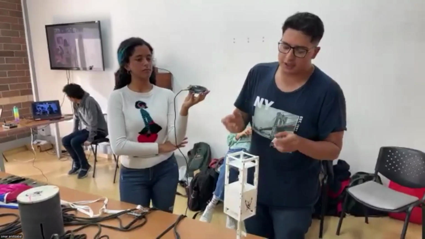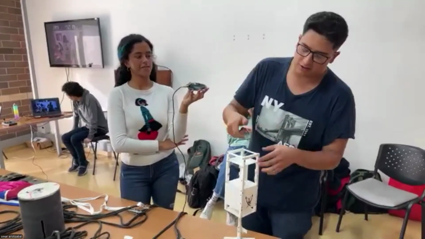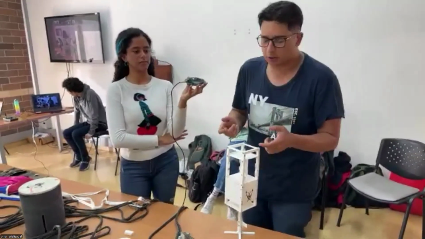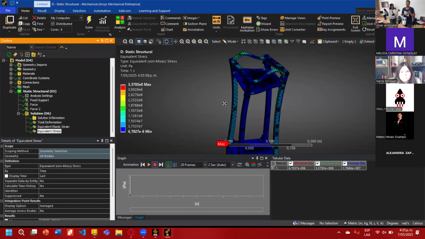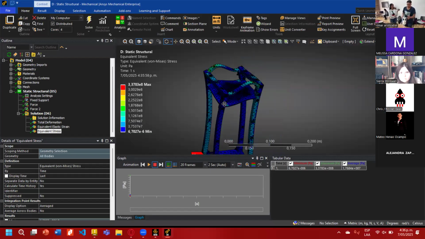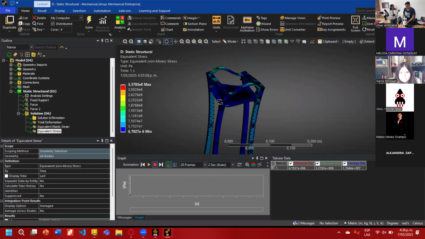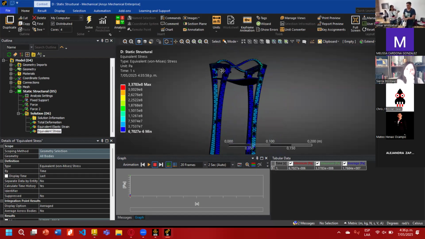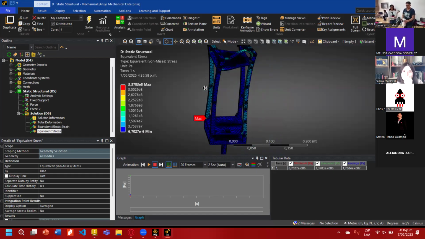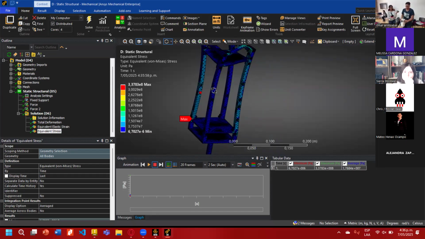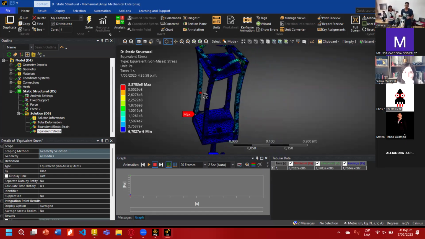So if we added eyebolts, for example, after some analysis, we found out that these eyebolts could damage the data acquisition principle for the pitot tubes and also for the bags that are made to collect all the samples from the atmospheric air.